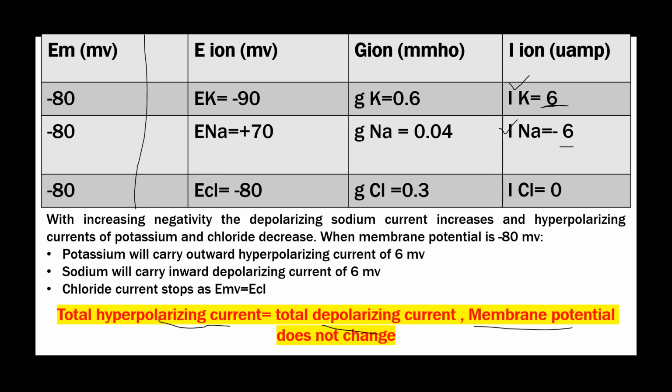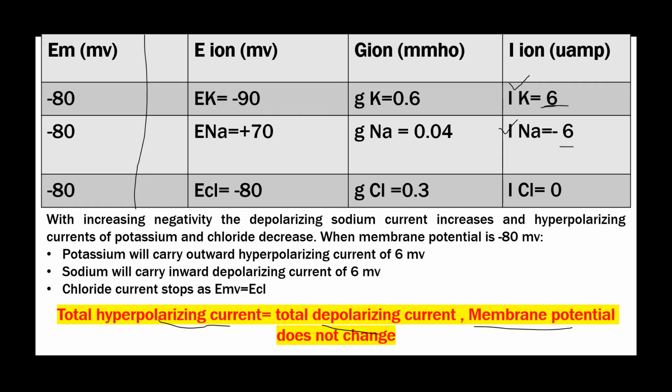Suppose now we take the membrane potential as minus 80, with the rest of the values the same. Now calculate the current. The hyperpolarizing potassium current is now plus 6, the depolarizing sodium current is minus 6, and chloride becomes 0. So with increasing negativity, the depolarizing sodium current increases and the hyperpolarizing potassium and chloride currents decrease. At minus 80 millivolts, potassium carries outward hyperpolarizing current of 6 and sodium carries inward depolarizing current of 6.